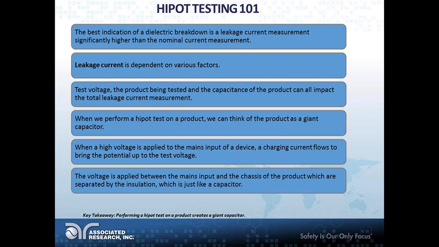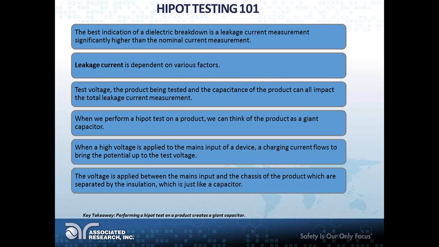That leakage current is dependent on various factors such as the test voltage, the product being tested, and the internal capacitance of the product. All these factors can impact the total leakage current measurement.